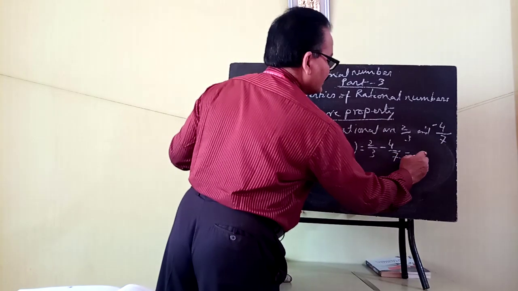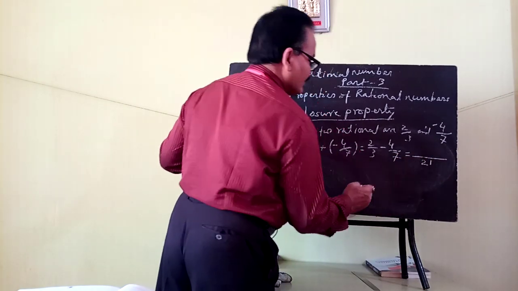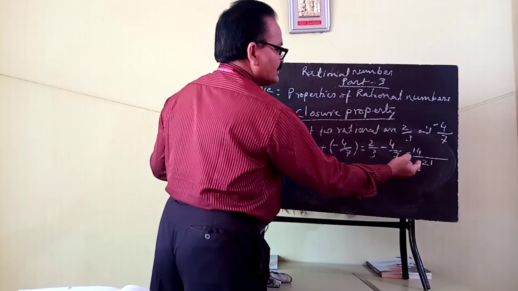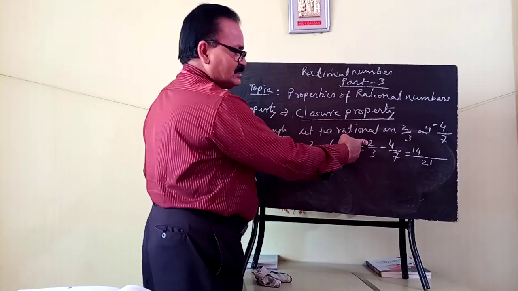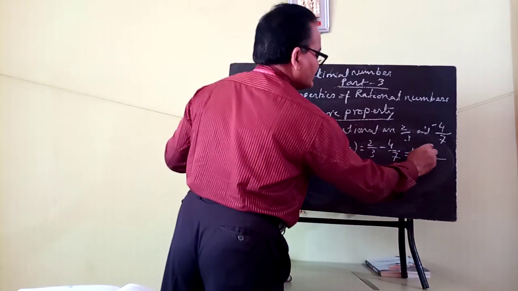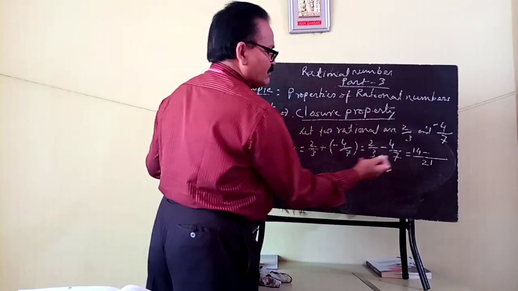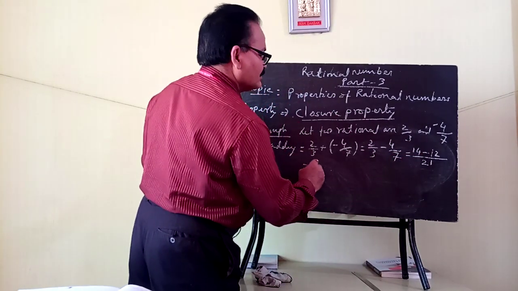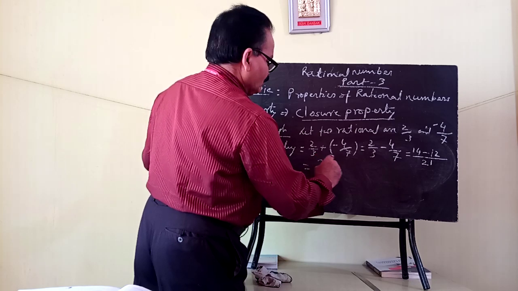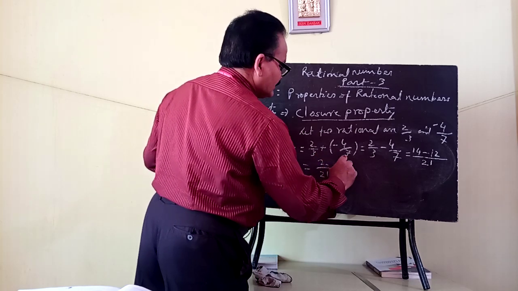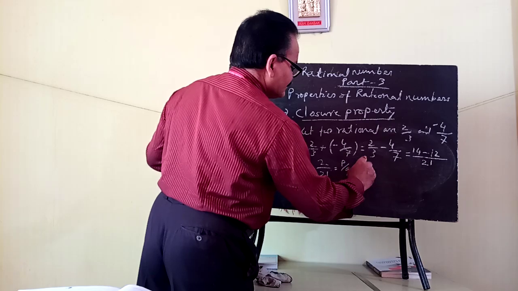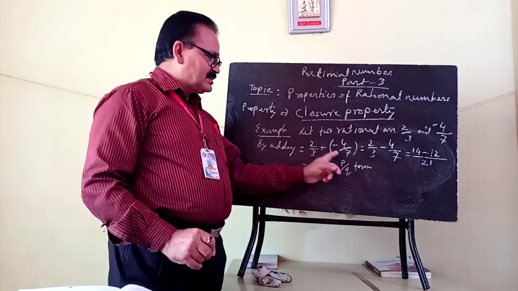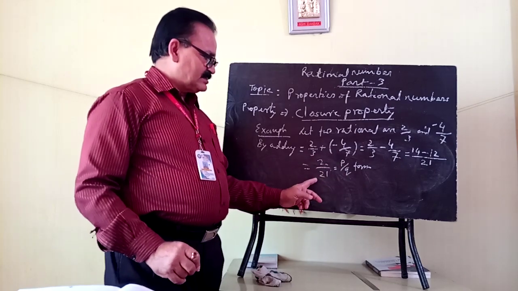So after LCM it becomes 21. 21 divided by 3, the quotient will be 7. You have to multiply 2 with 7, it becomes 14. Put a minus sign, then 7 3s are 21, and 4 into 3 is 12. So your final result is 2 by 21, which is in P by Q form. So that means the result of the addition of two rationals is also a rational.